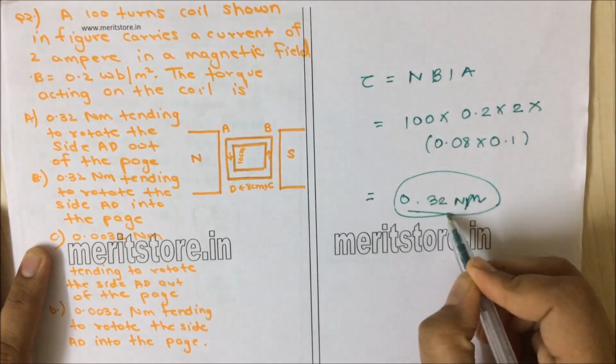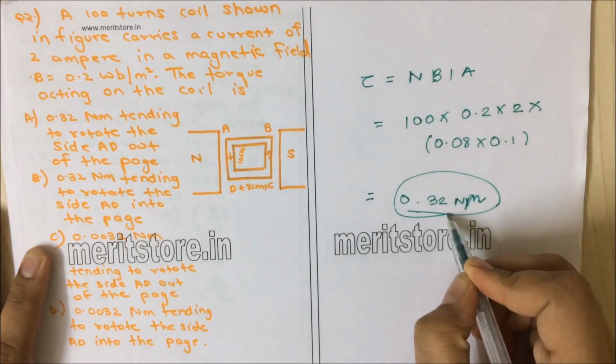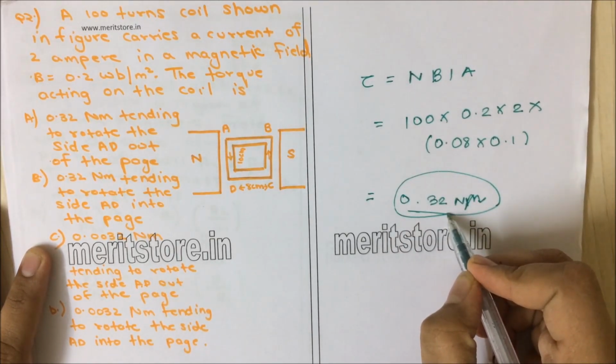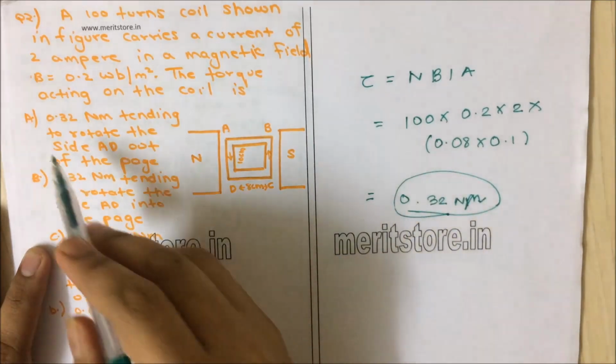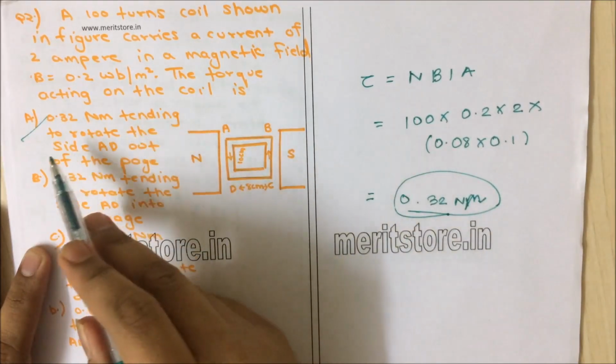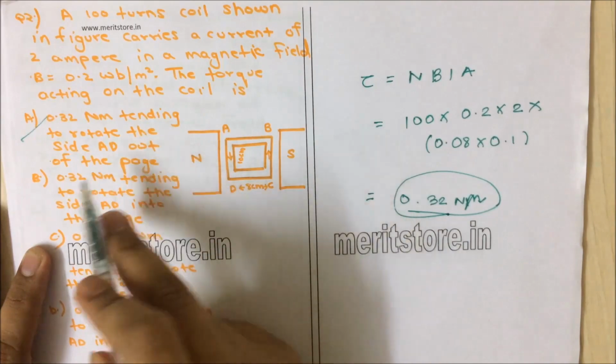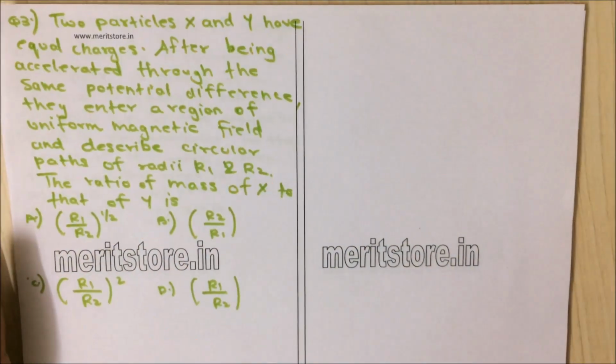So 0.32 Newton meter is the correct answer. So now the answer for this question is option A, 0.32 Newton meter, tending to rotate the side AD out of the page.